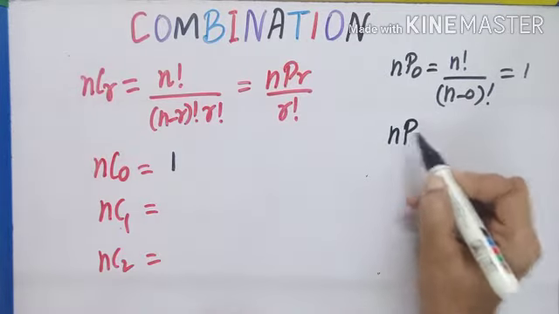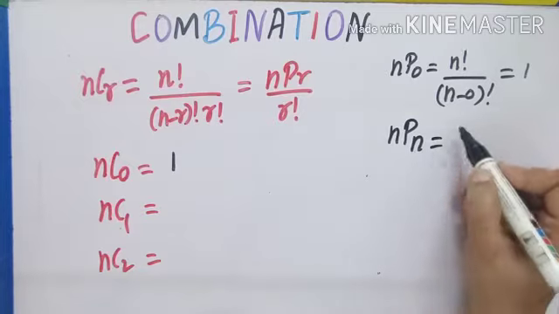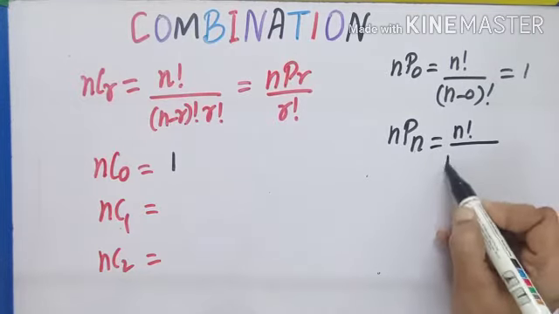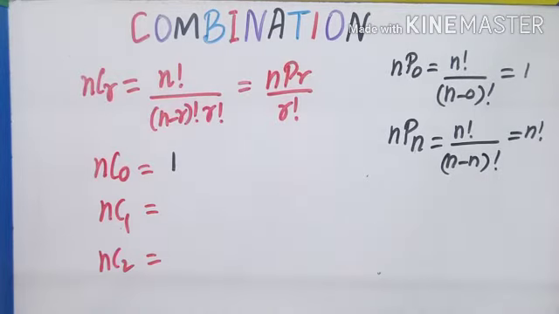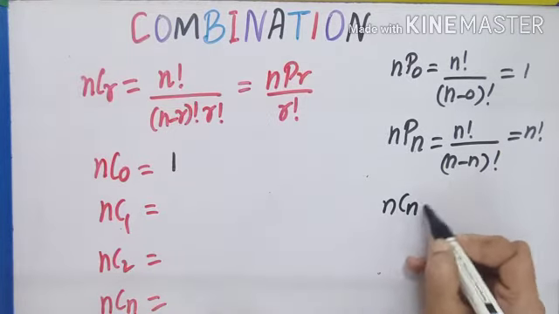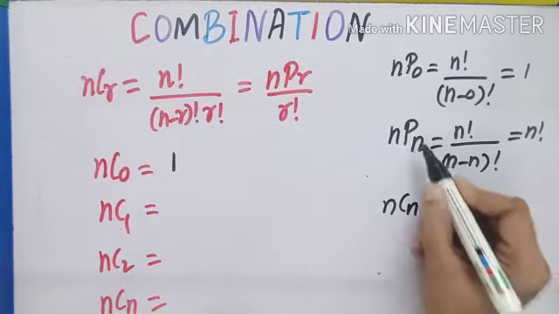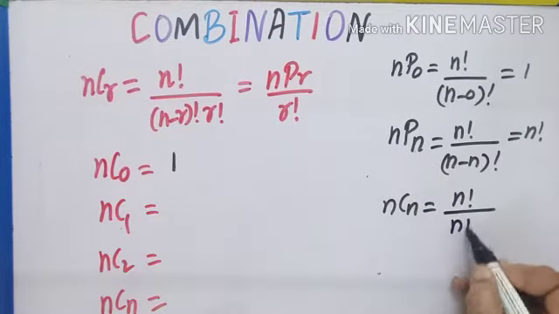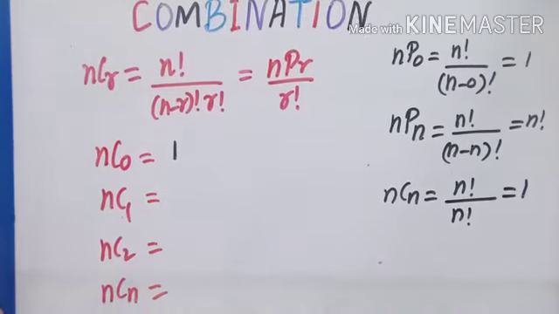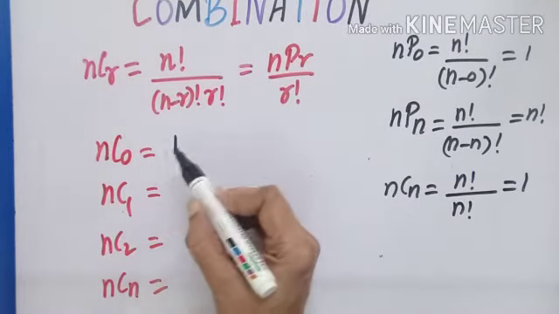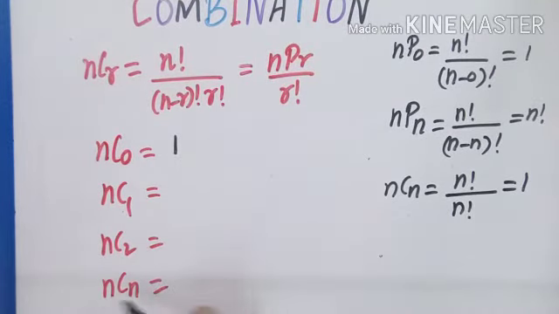What is NPN? NPN will be N factorial by N minus N factorial, or simply I get N factorial. So what will be NCN then? NCN is N factorial divided by whatever comes here, so I get 1. Remember, in combination, if 0 comes, my answer is 1. If the same letter comes also, my answer is 1.